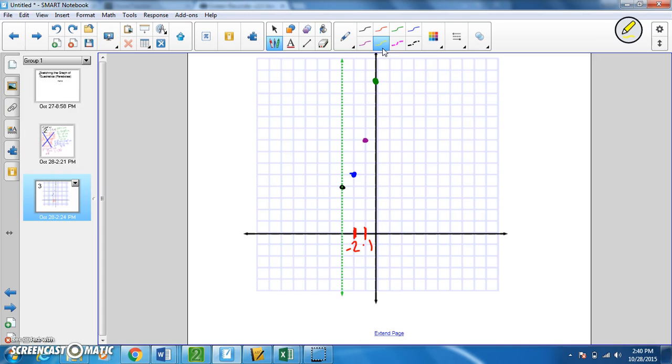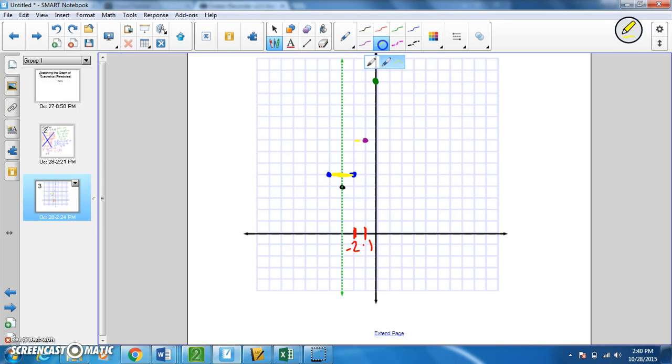Our last step in graphing is to reflect over our axis of symmetry. So we go to each point that we have, and think how much does it take for us to get to our axis of symmetry. So our first point would be 1, so we're going to go 1 in the opposite direction and make a point.